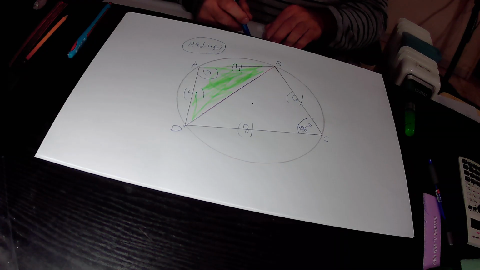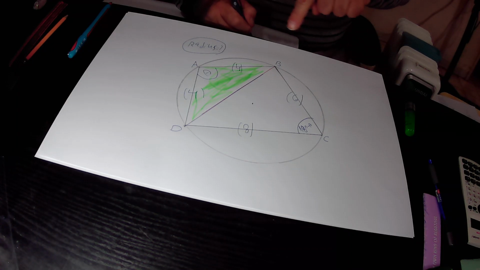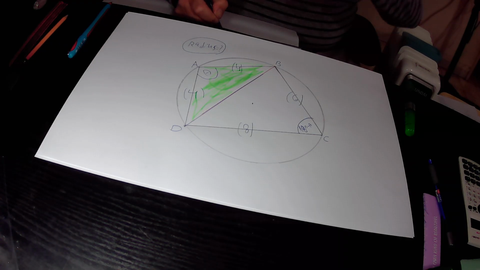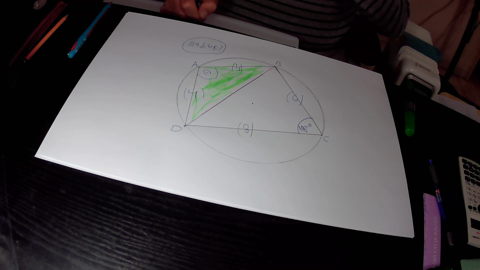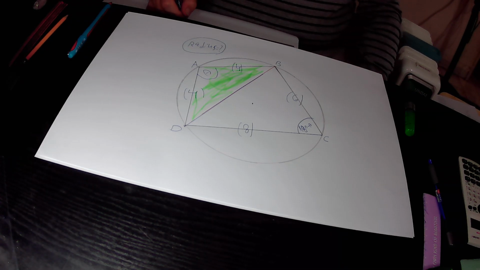According to the law of cosines, BD squared equals AB squared plus AD squared minus 2 times AB times AD times cosine theta.